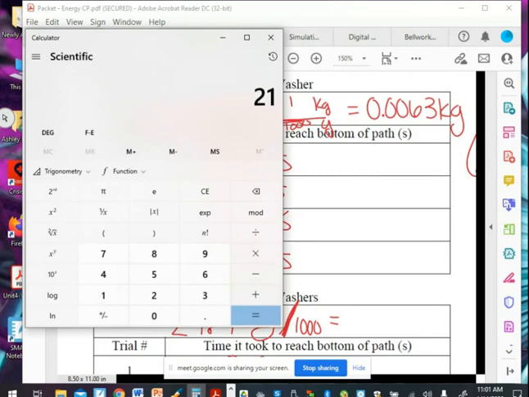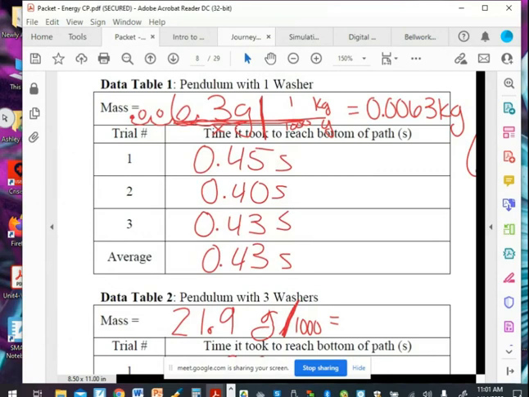But 21.9 divided by 1,000 should give me 0.0219. So no matter what your number was, everybody should be right around these numbers. Okay. And don't forget to bring all the numbers with it. So you should have 0.0 and then 3 numbers after that, unless yours was actually 21.0. Just have the 2 numbers there, but same place values. kg.